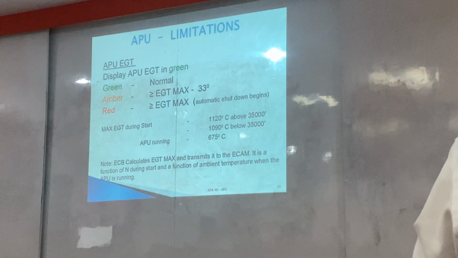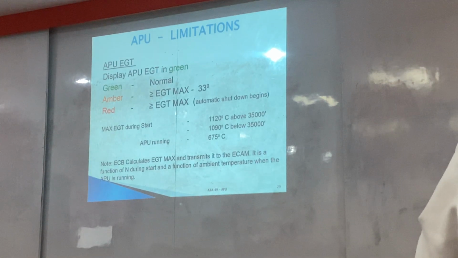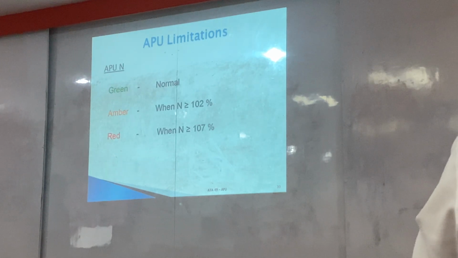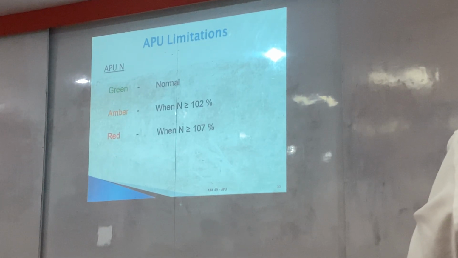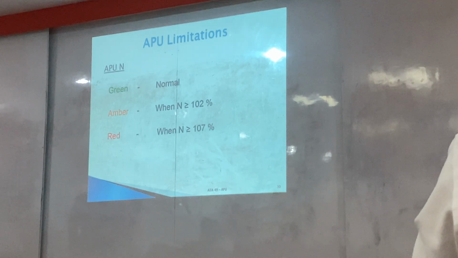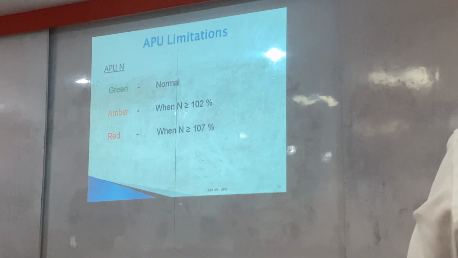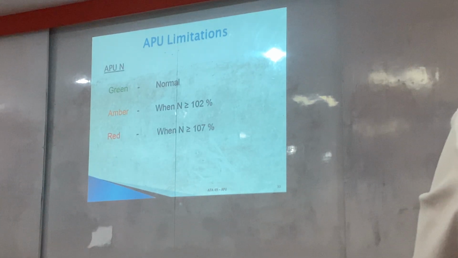This is the limitation with respect to APU EGT. Then the APU limitation with respect to speed N: green is normal, amber when N is greater than or equal to 102%, and red when N is greater than or equal to 107%.